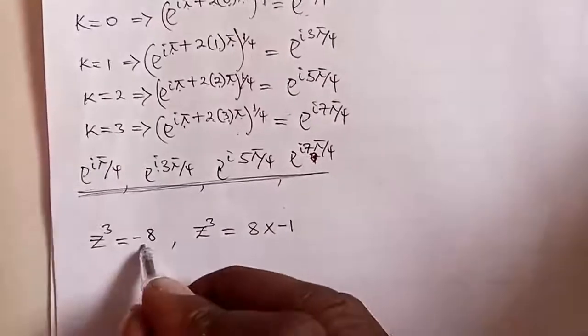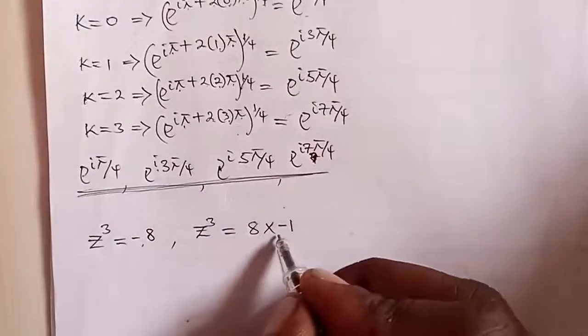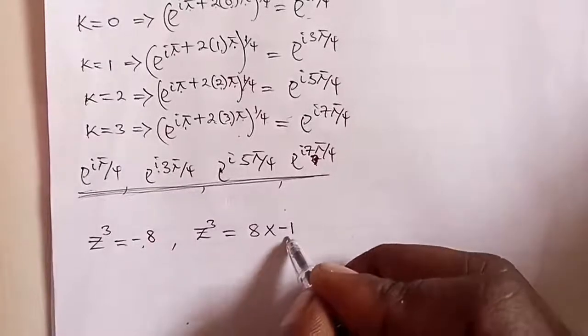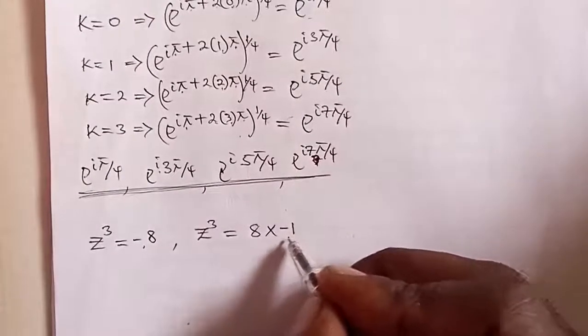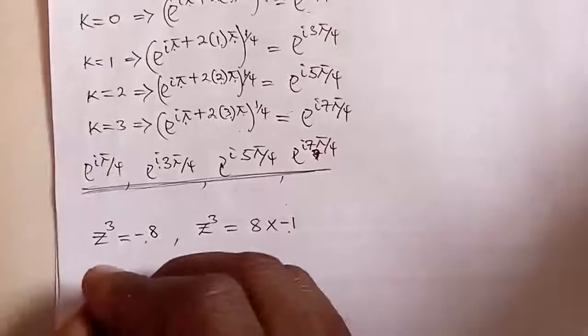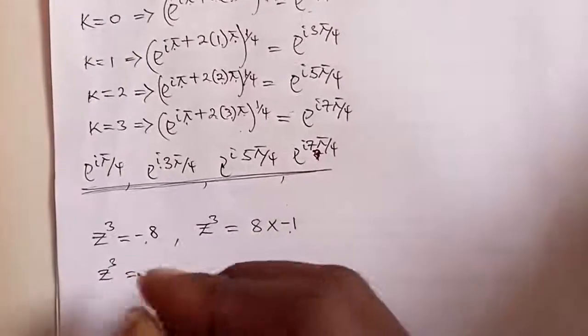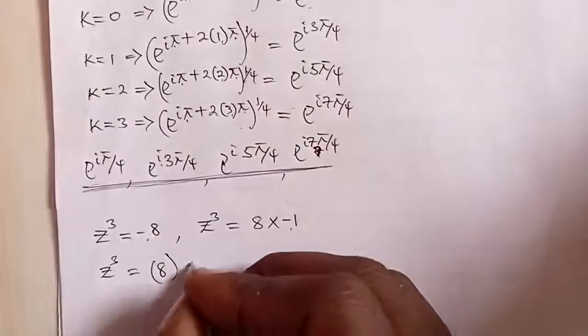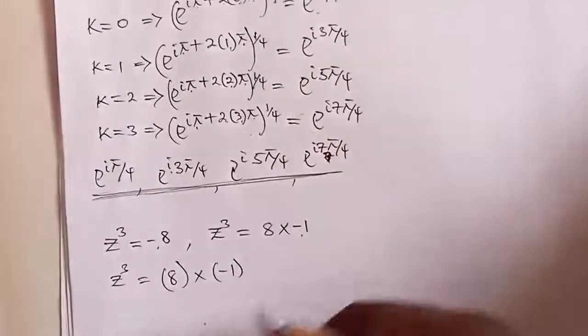It will still give us minus 8. We don't have an identity for 8 or minus 8, but we have an identity for minus 1. So we create it in a way that we will have an identity. Because of that, we can say that z cubed is equal to 8 times minus 1.